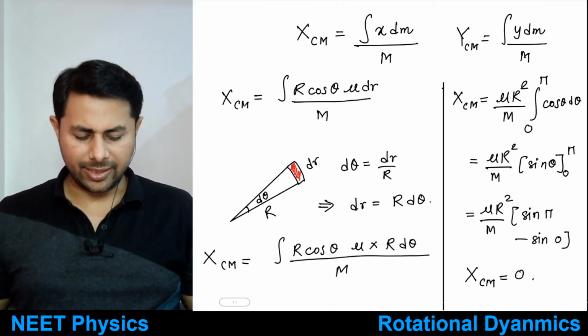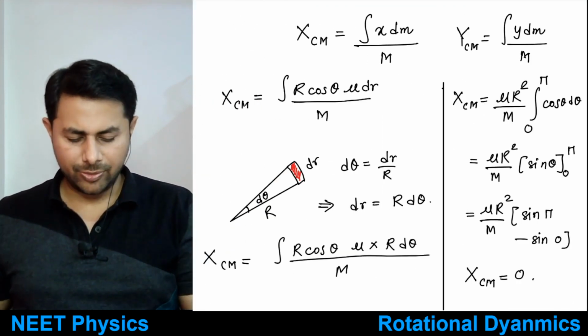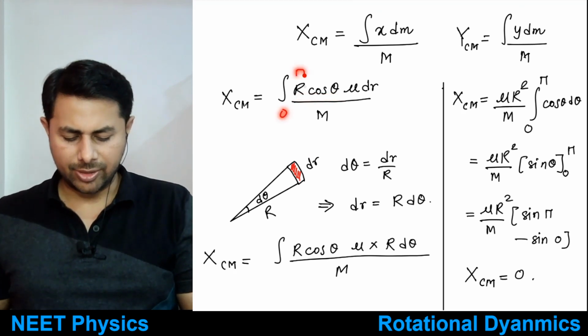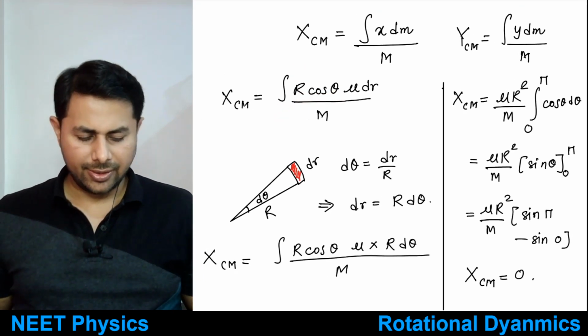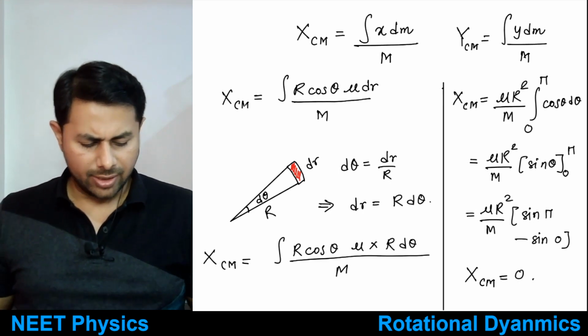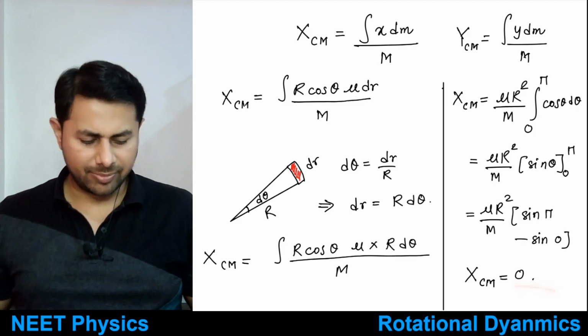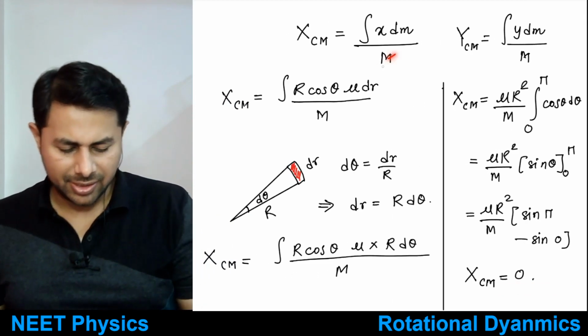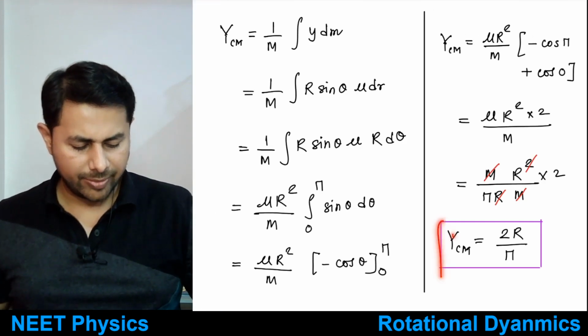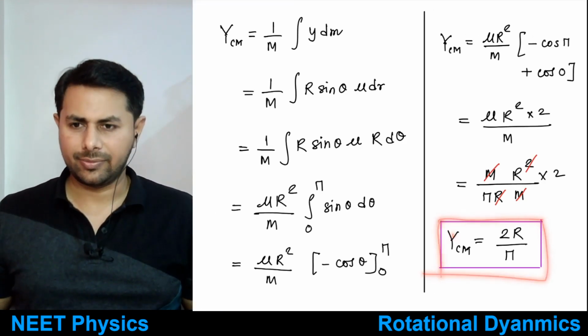The method is the same, we just need to put x equals r cos theta, and theta will change from 0 to pi. Similarly y equals r sin theta, theta will change from 0 to pi. I can explain that, but it needs some time, but the method is clear on how to find it. So just remember this final answer.